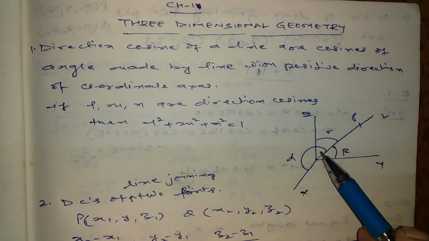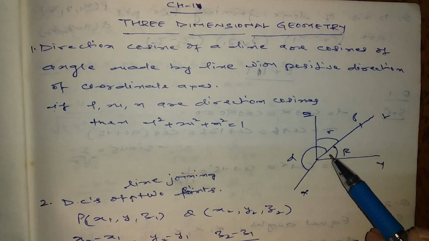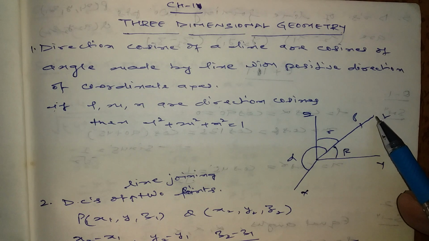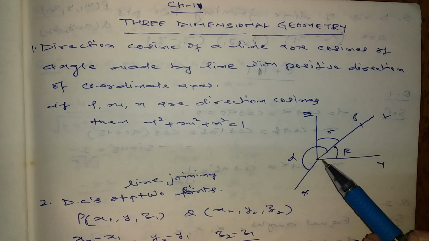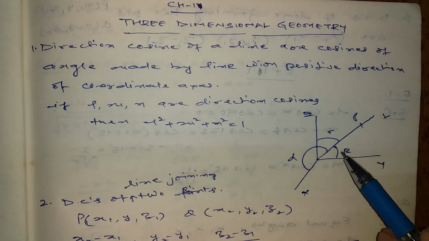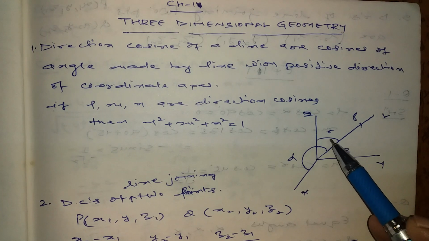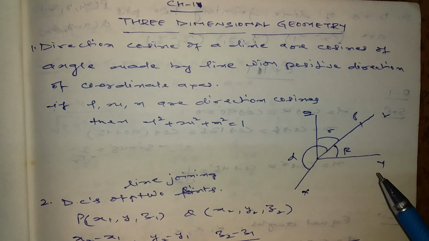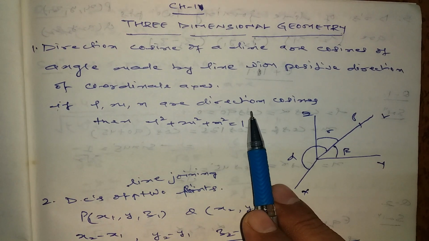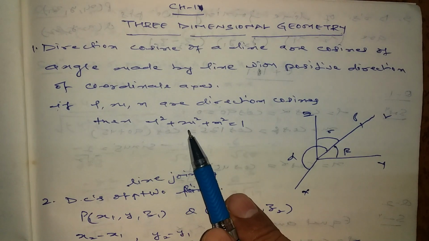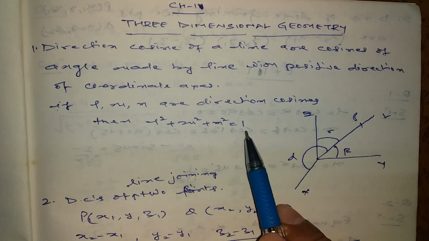Alpha is the angle made by line L with the positive direction of the x-axis. Similarly, beta with the y-axis and gamma with the z-axis. So, if l, m and n are direction cosines, then l square plus m square plus n square is equal to 1.